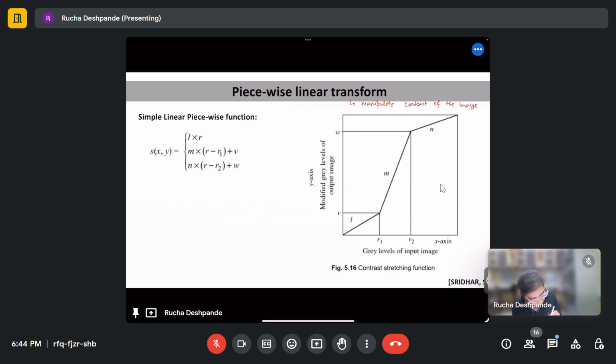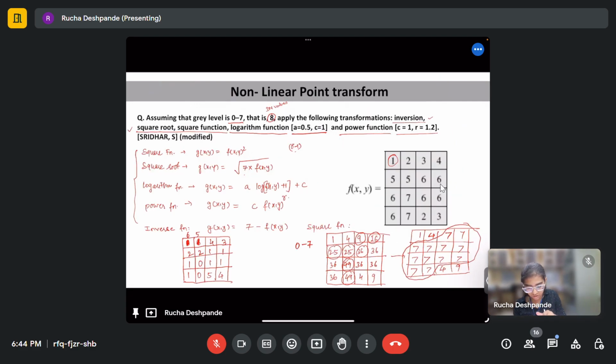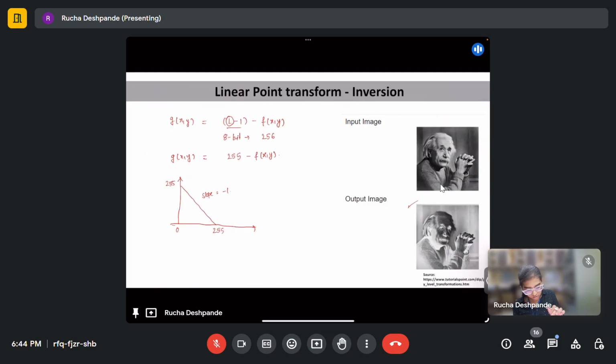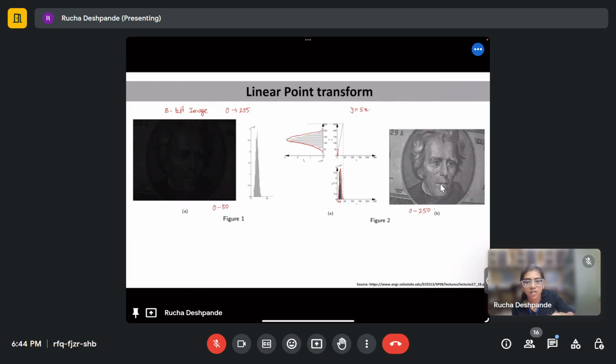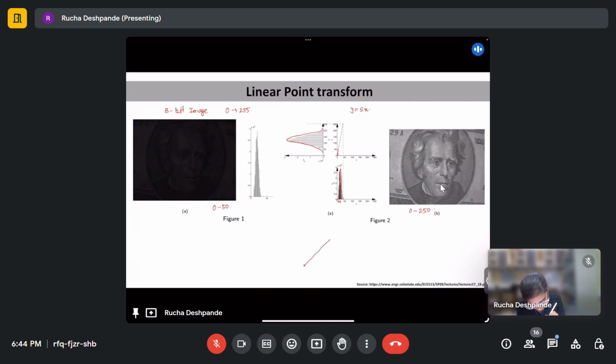So here, selective pieces of histogram are linearly contrast stretched. So before, what we saw in linear transform is that the entire histogram and all the dn values in the range of this image were stretched using the same function.